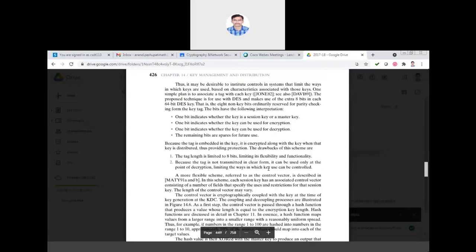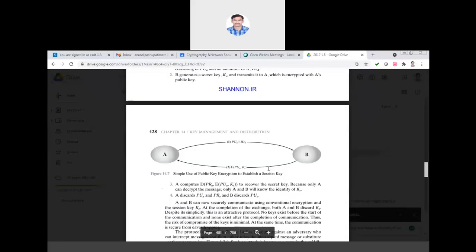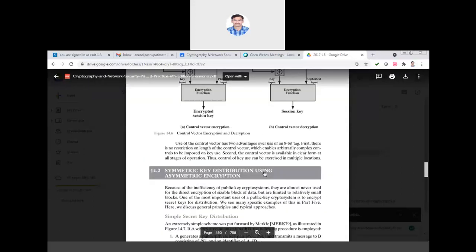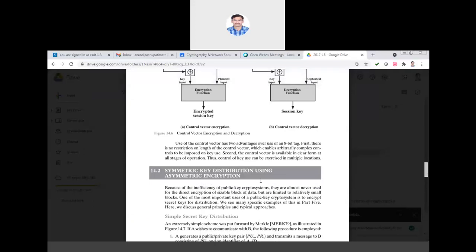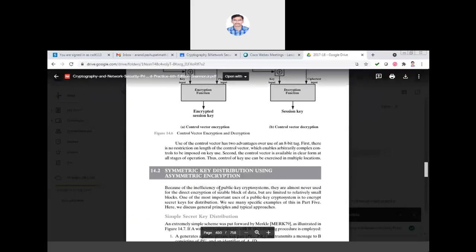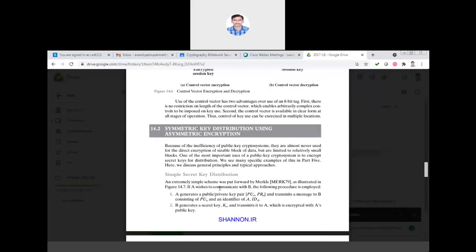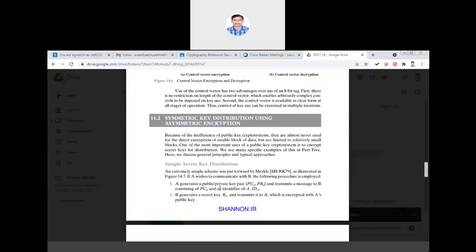Okay, yeah. So right here, symmetric key distribution using asymmetric key encryption. Discussing 14.2.